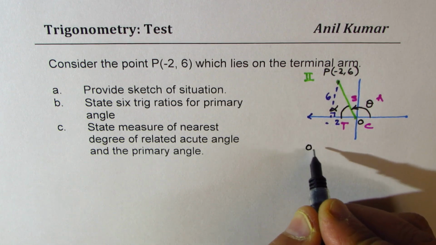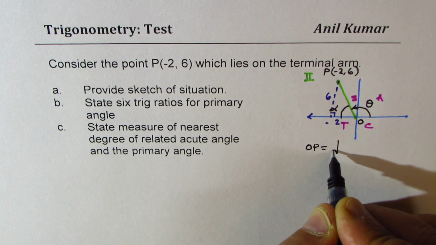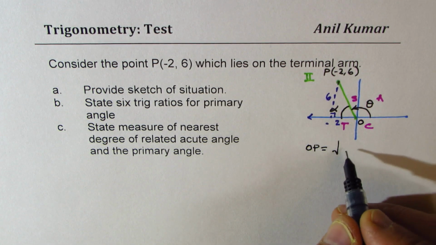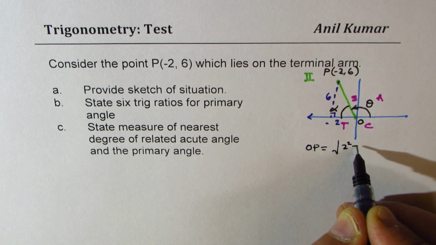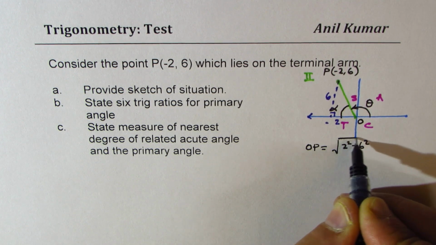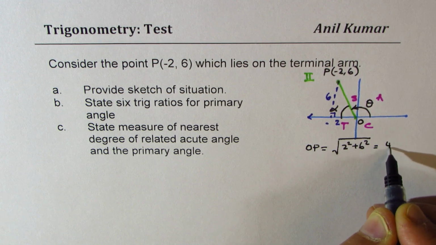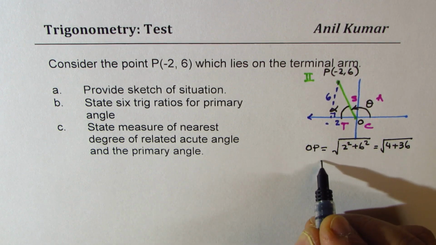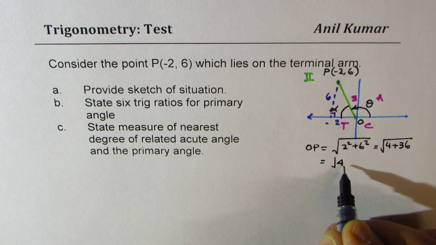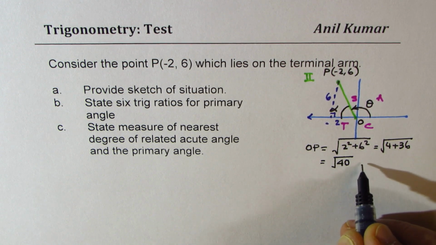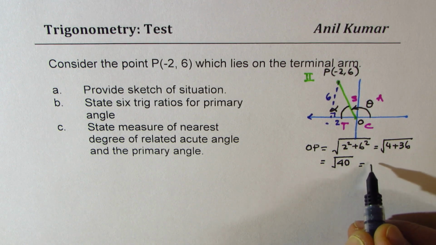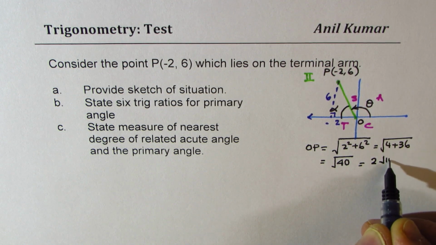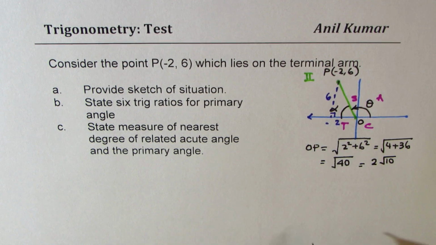So OP is equal to square root of 2 squared plus 6 squared, which is 4 plus 36, or could be written as square root of 40, which could be 4 times 10, or 2 square root 10. So that becomes OP.